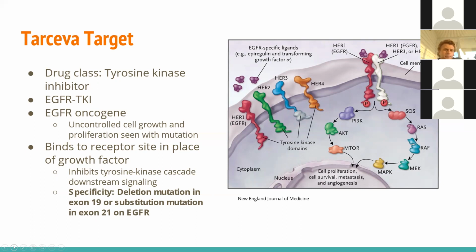It specifically reacts by bonding to the epithelial growth factor receptors that have either a deletion mutation in exon 19 or a substitution mutation in exon 21. By specifically targeting these cells, it makes it a specific target.